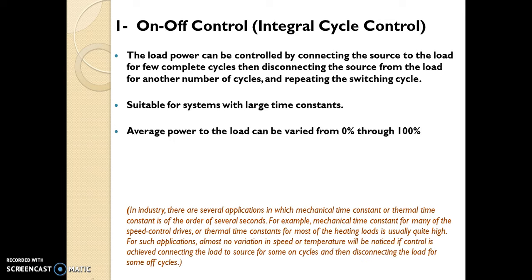Before discussing the types of AC voltage controller, let's discuss the types of control technique. For power transfer there are two types of control used. The first is on-off control, also called integral cycle control, and the second is phase control.